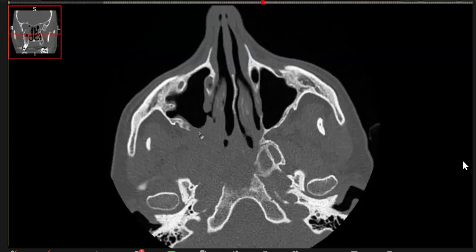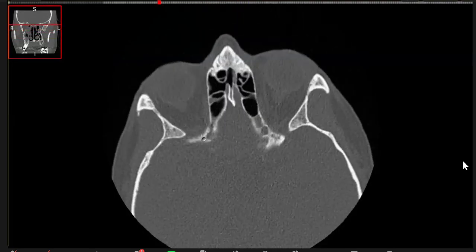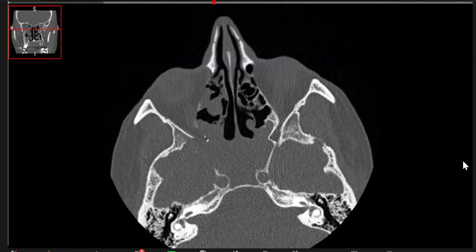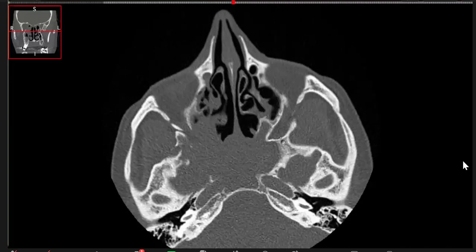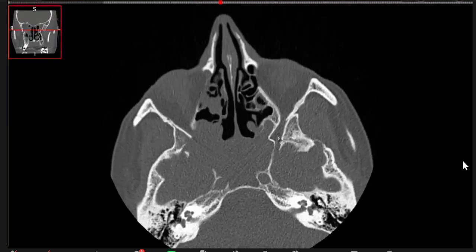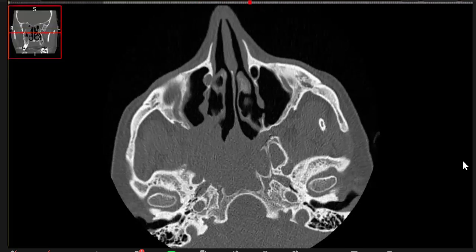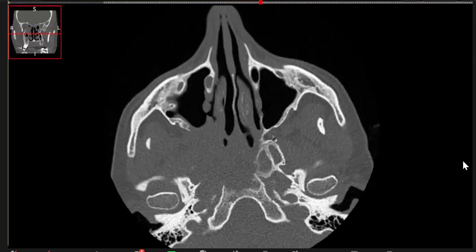So that is a huge tumor, and of course, another point is that let's cover the anatomy of the pterygopalatine fossa on the normal side.